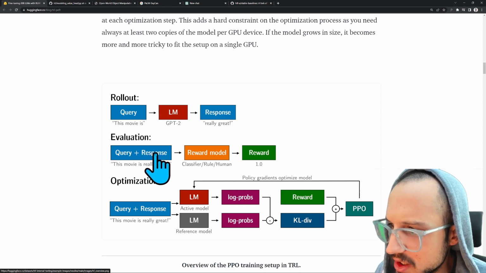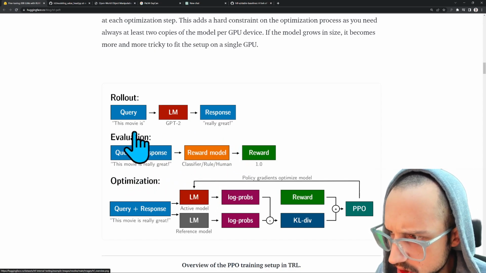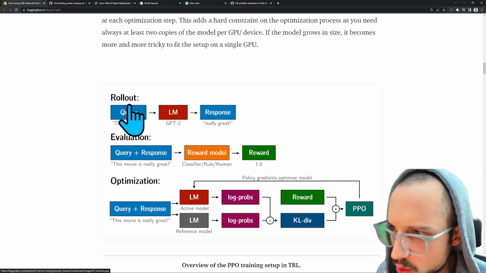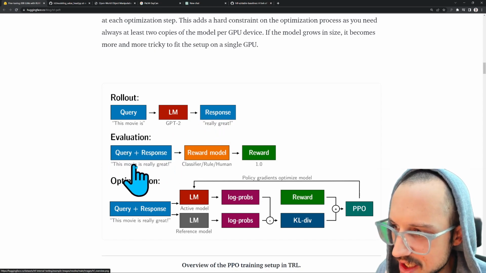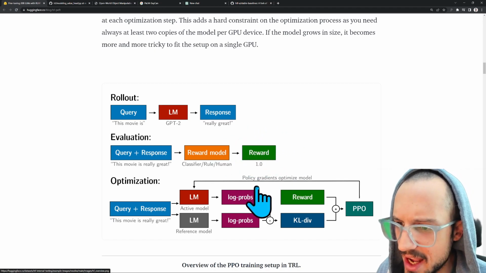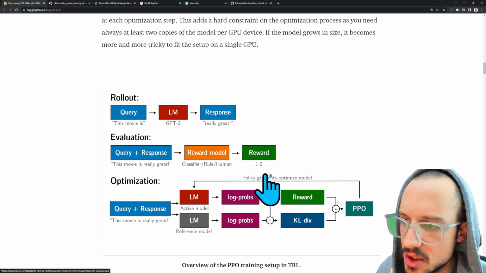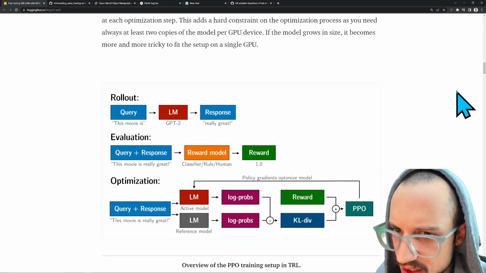Evaluation, query plus response. This is where the reward model or the value function comes in. You're combining the query and the response, the state and the action in reinforcement learning terminology, and you're saying, given this state and this action, what does my reward model say the reward is? And reward has no units. It's usually a number between 0 and 1, normalized so that it always comes out nice and clean between 0 and 1.